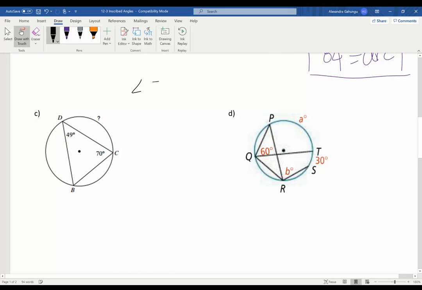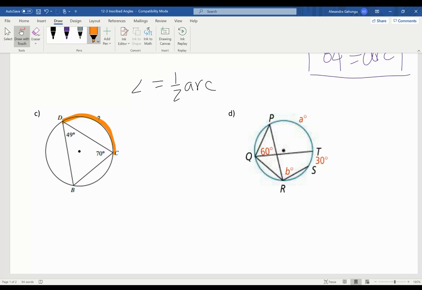Again, we've got angle equals half the arc. So I'm missing arc DC. What is the arc DC related to? It's related to the inscribed angle B. Do I know this angle?